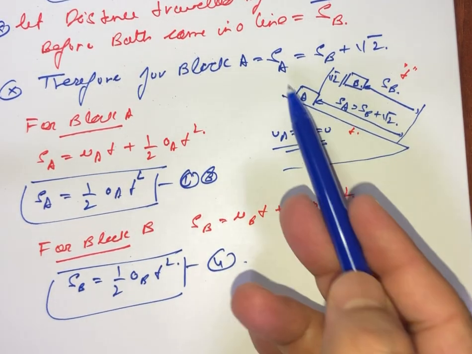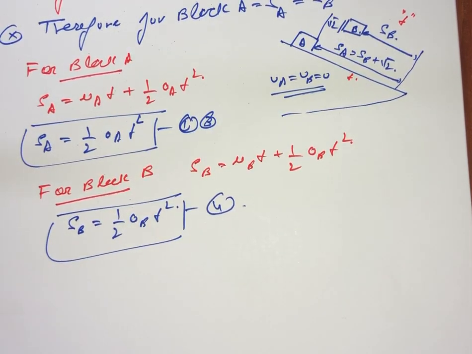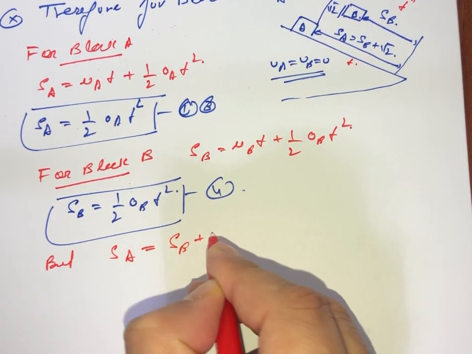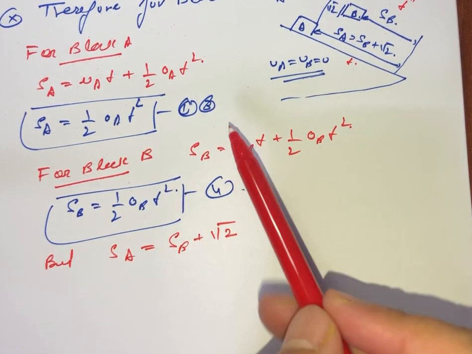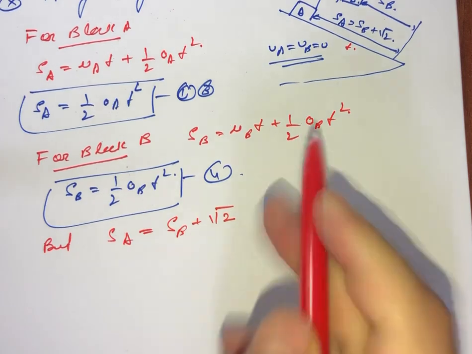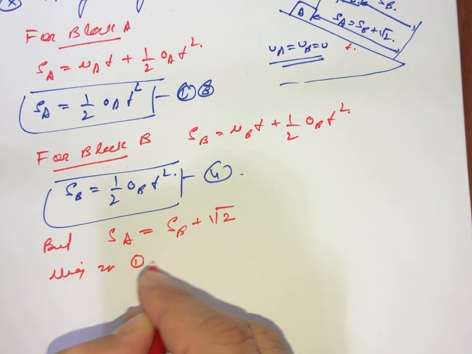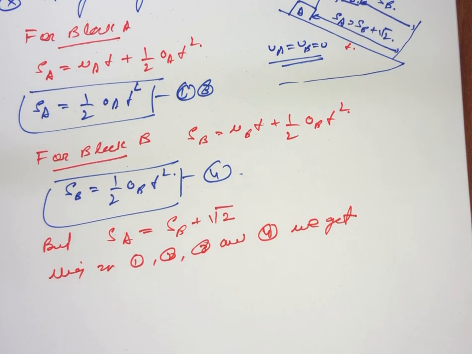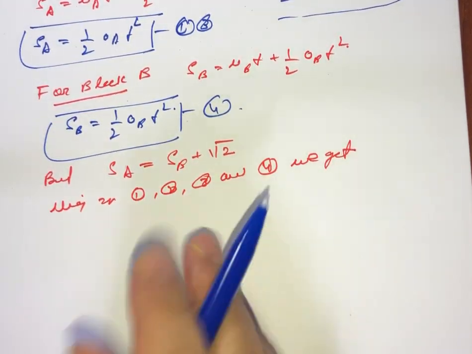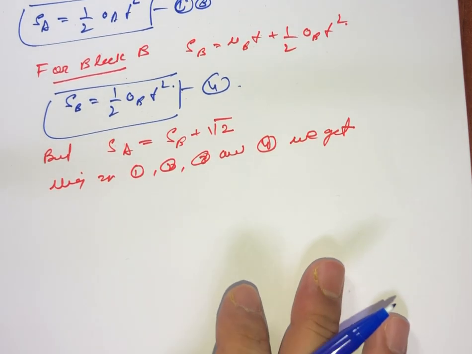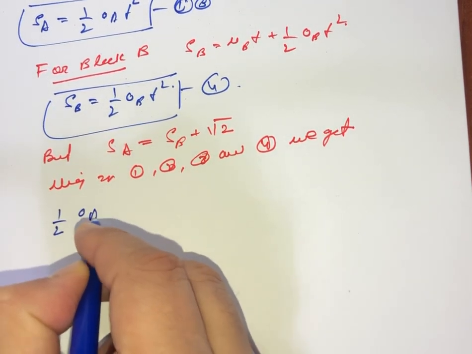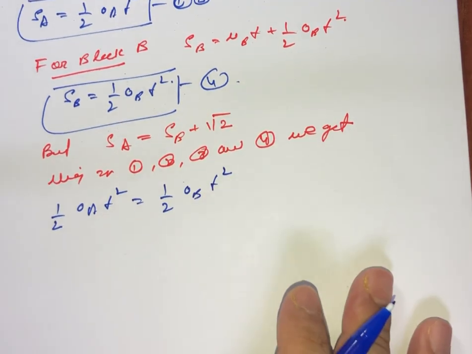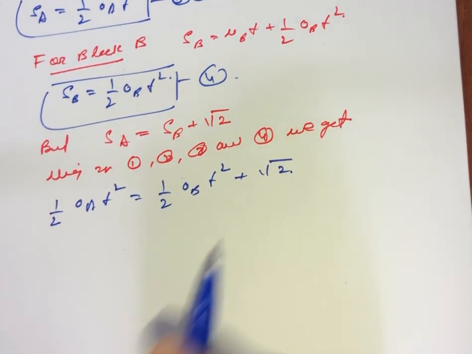Now SA is equal to SB plus root 2. So using equations 1, 2, 3 and 4, we get half AA t square is equal to half AB t square plus root 2.